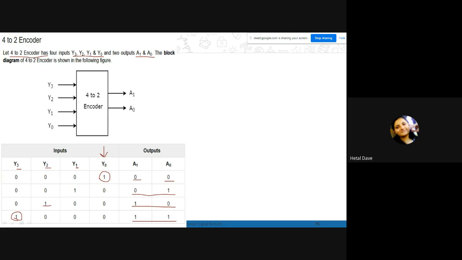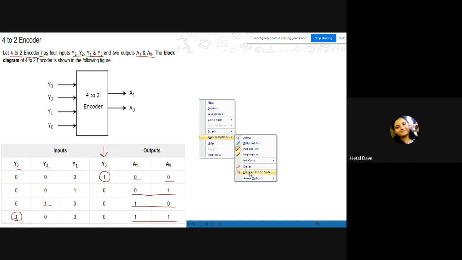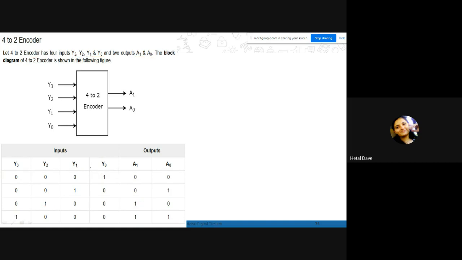So this is the truth table. Encoder is a kind of circuit that will give some coding based on its input. Now what is the next step? I need to find the equation of A1 and the equation of A0.